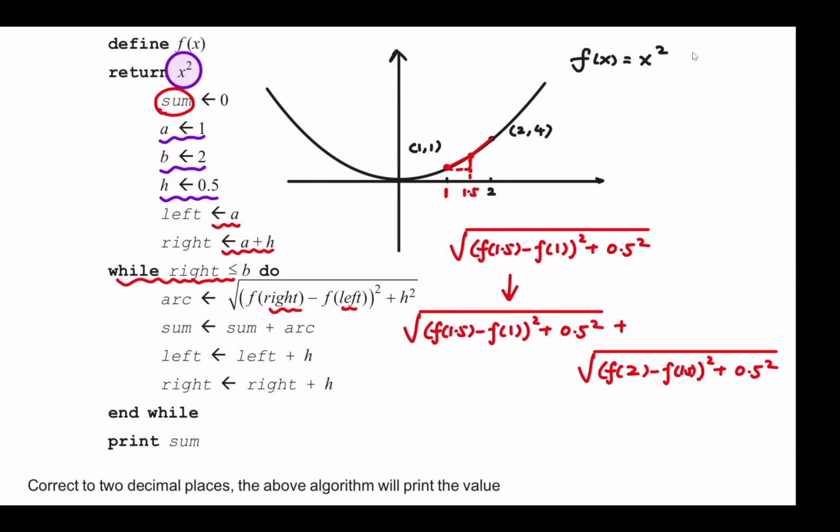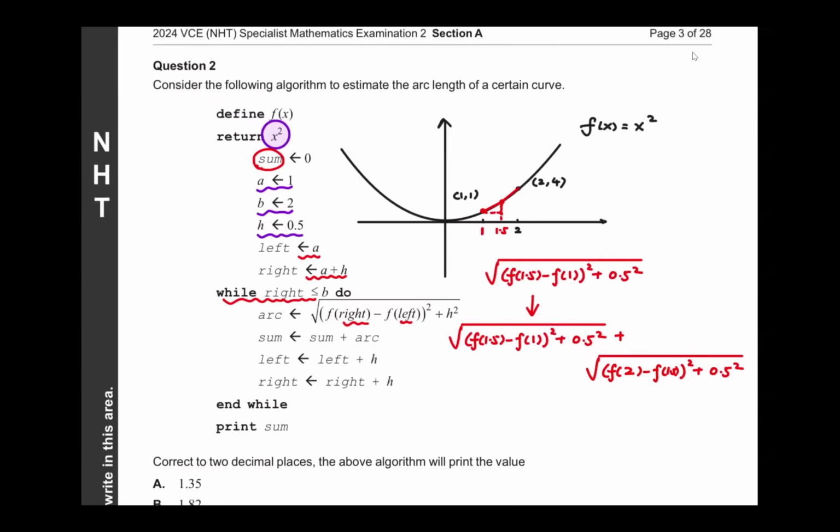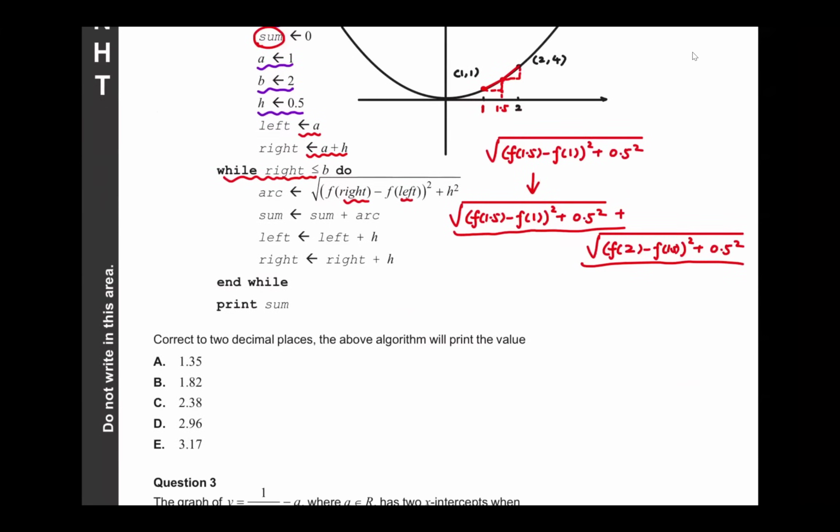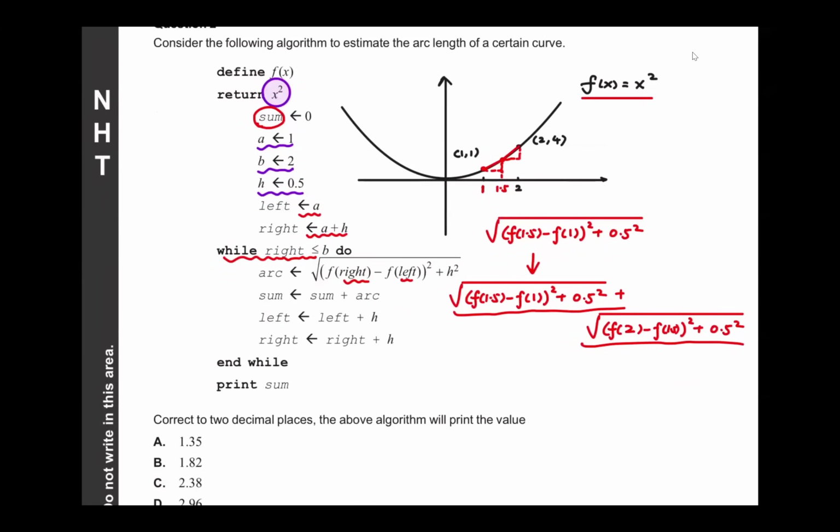And then minus f 1.5, okay? Once you define the function f of x equals x squared on your CAS calculator, what you're actually calculating is the sum of these 2 square root expressions. So eventually, use your CAS calculator, you should be able to get it. E, okay? Let's move on and look at the next question.